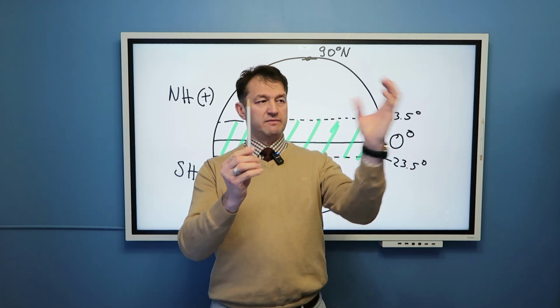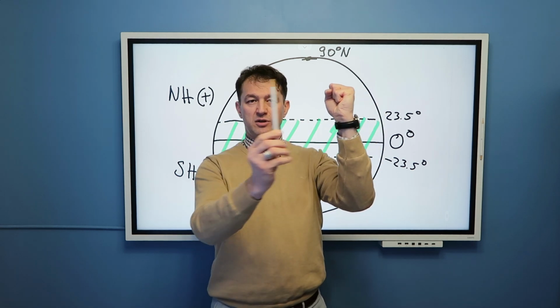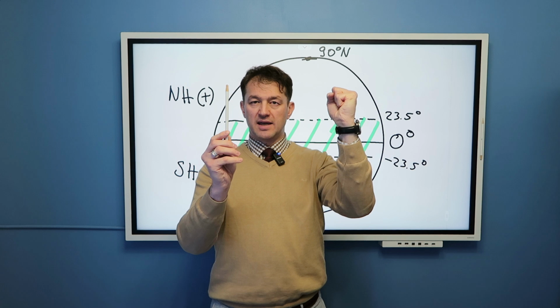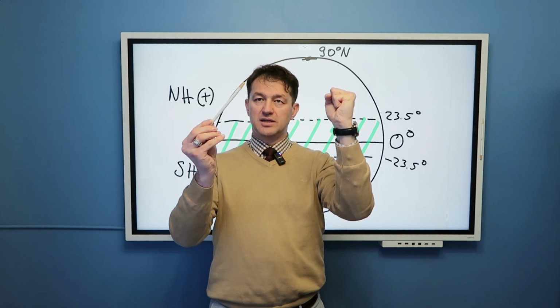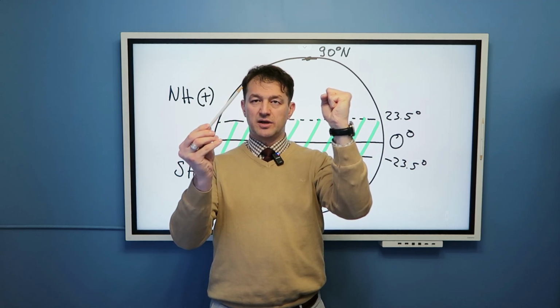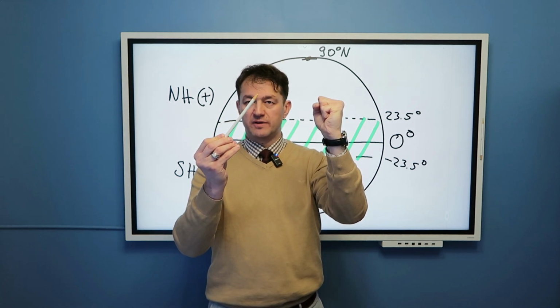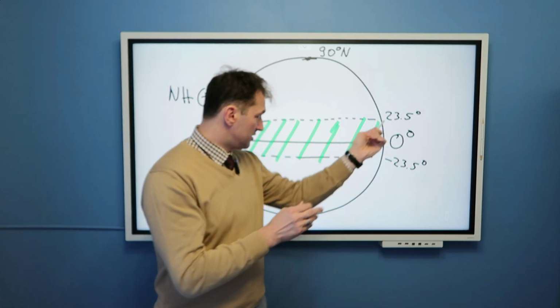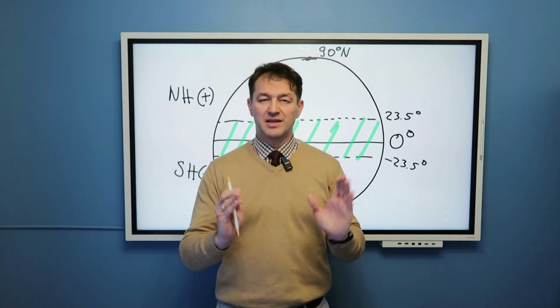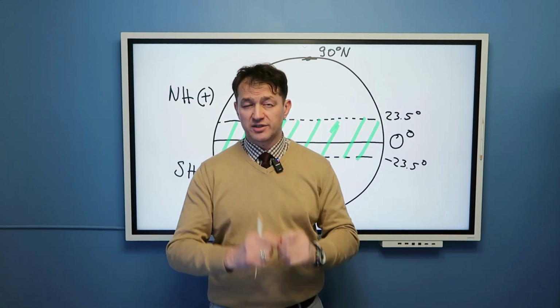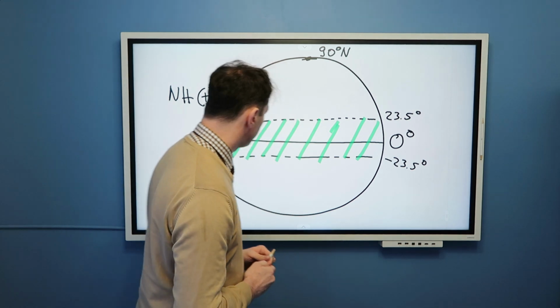Namely, if this is the Sun, the Earth is not revolving around it like that, but the axis of rotation is tilted like that. And the tilt of this axis of rotation with respect to the vertical is 23.5 degrees. But that will become much clearer, if you didn't understand it now, in my next video.